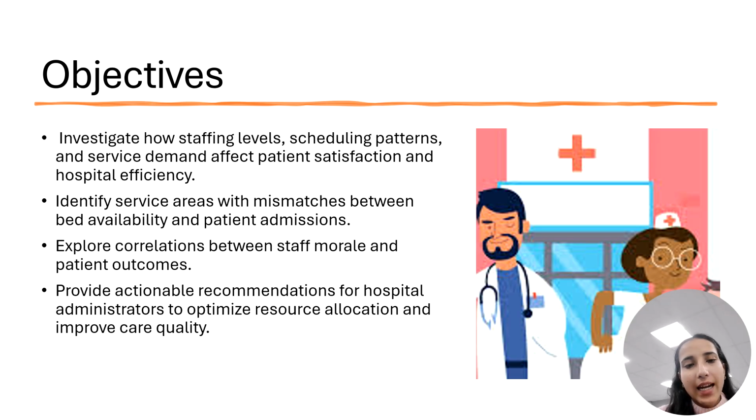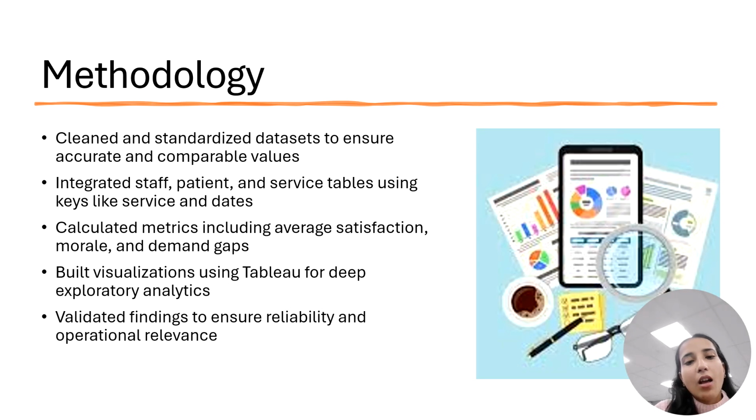To begin the analysis, all the datasets were cleaned and standardized to ensure accuracy and consistency. Staff, patient, and service tables were then joined using shared keys such as service type and dates.